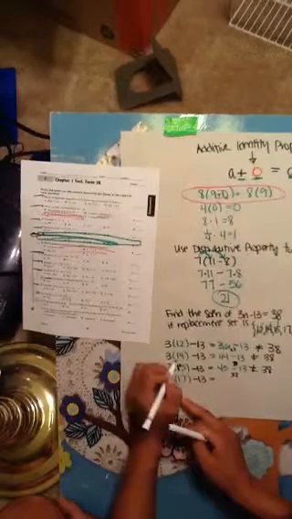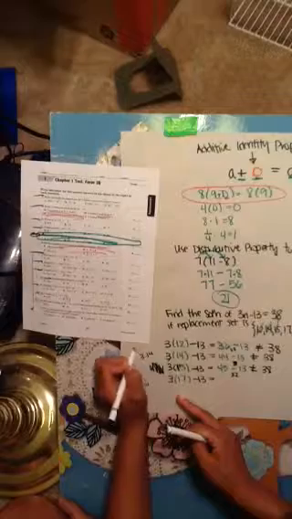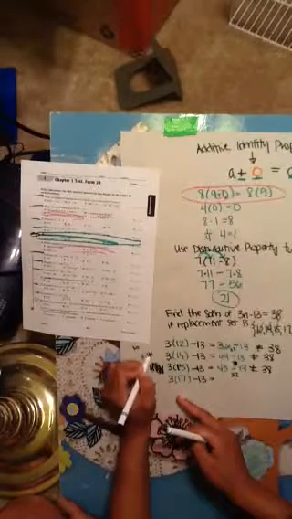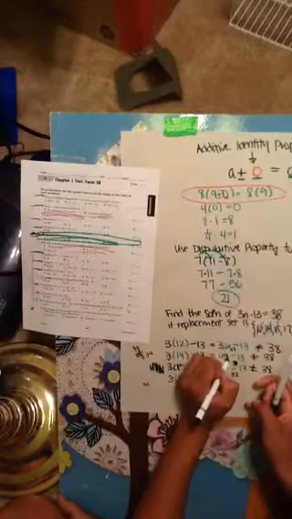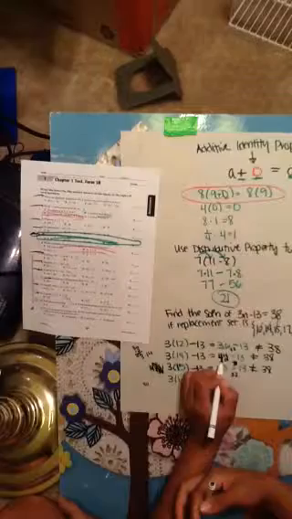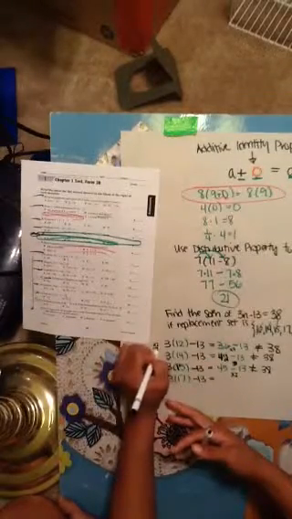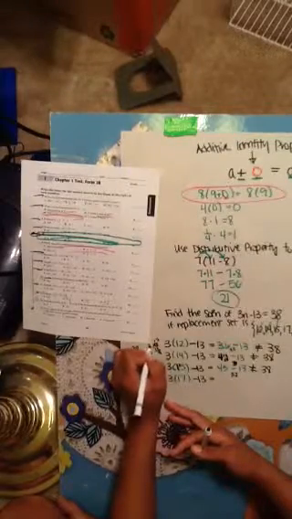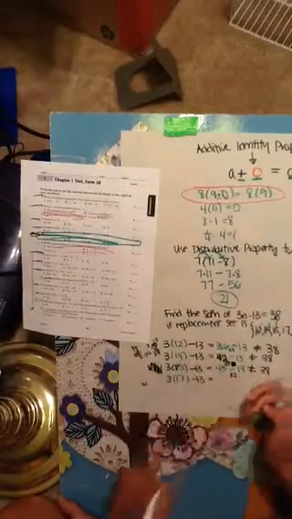Let me go back and do this one. 3 times 14. 3 times 10 is 30 and 3 times 4 is 12. So this is 42, instead of 44. But still, 42 minus 13 is still not going to be 38. It's going to be 29.